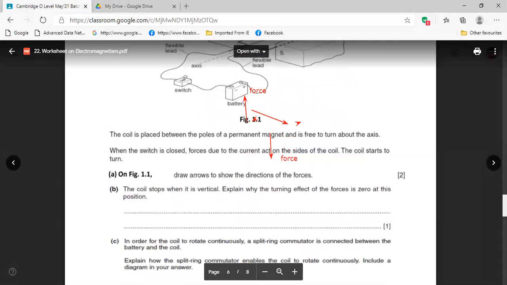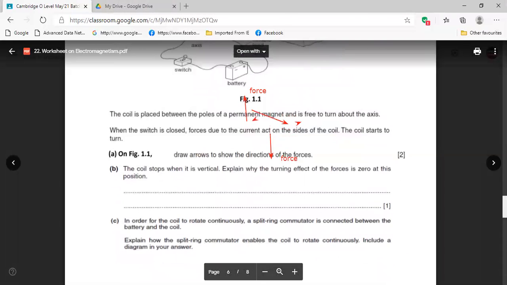Now next, B. The coil stops when it is vertical. Explain why the turning effect of the forces is zero at this point. Why is there no turning effect?